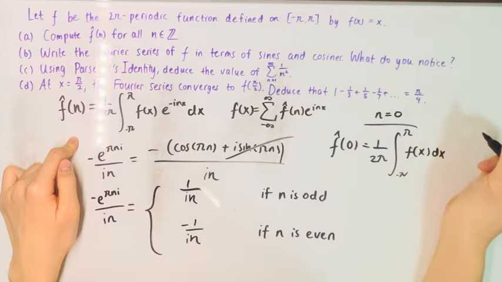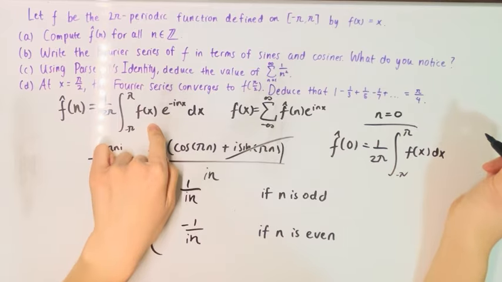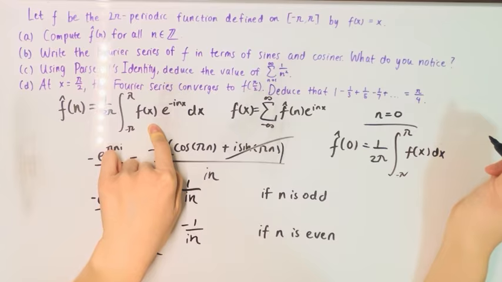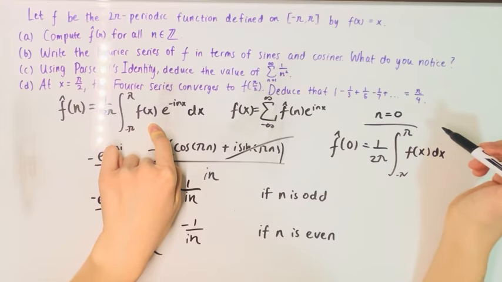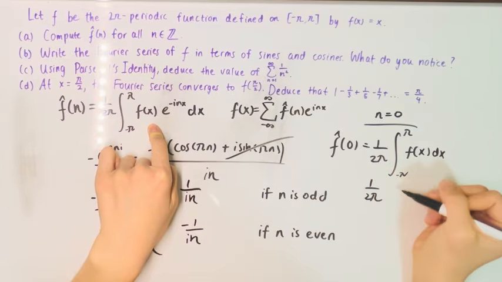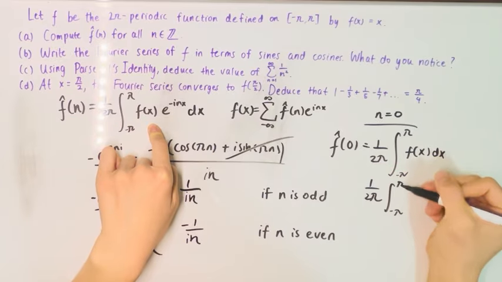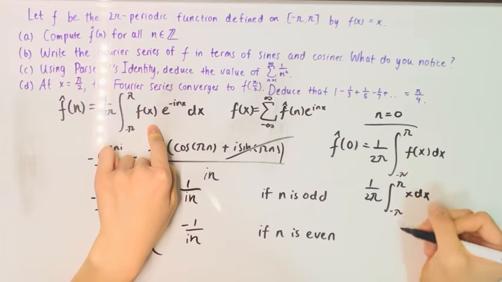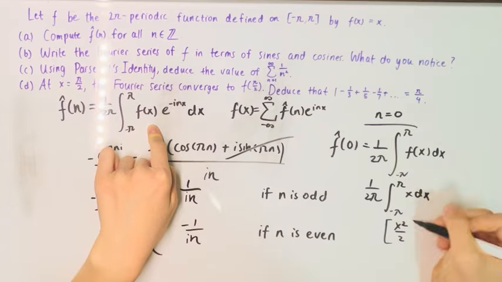And then when n is 0, this is just going to give us 1 over 2 pi, integral from negative pi to pi of x dx, x squared over 2.